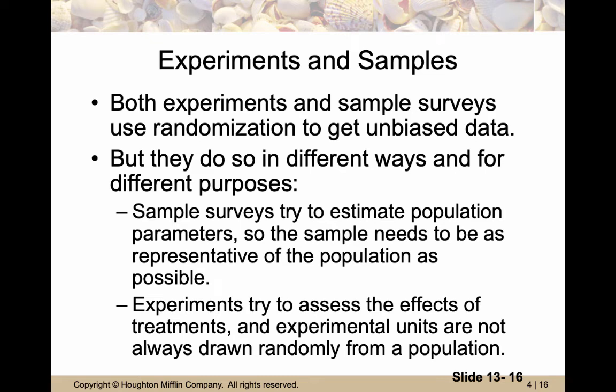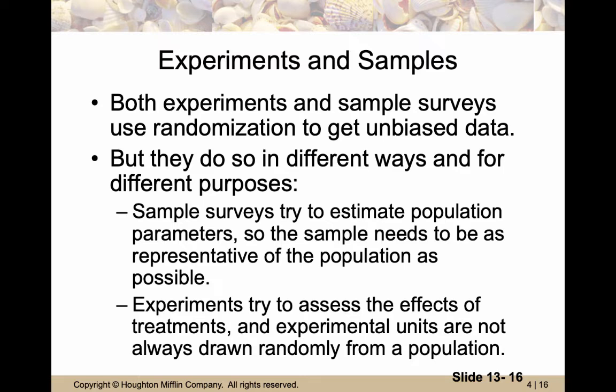Both experiments and sample surveys use randomization to get unbiased data. It's important you understand the difference between the two, because they do so in different ways and for different purposes. Sample surveys try to estimate population parameters. They try to estimate something true about a bigger population.